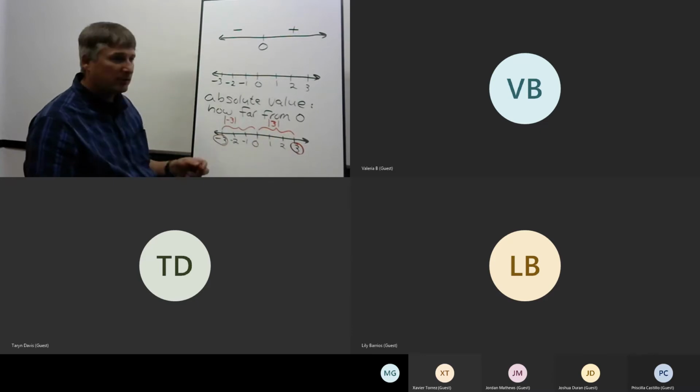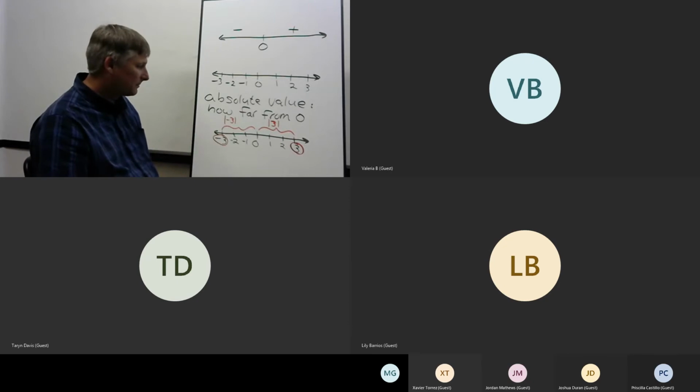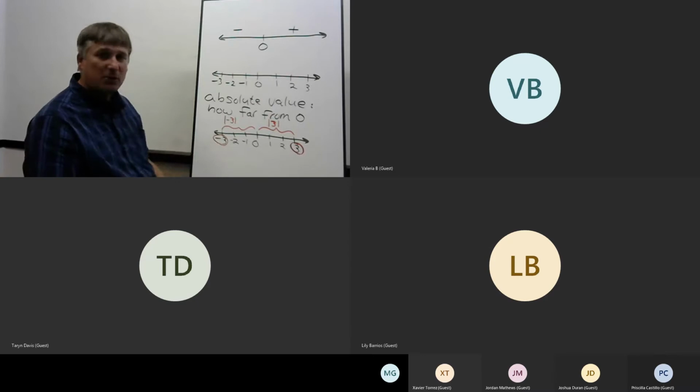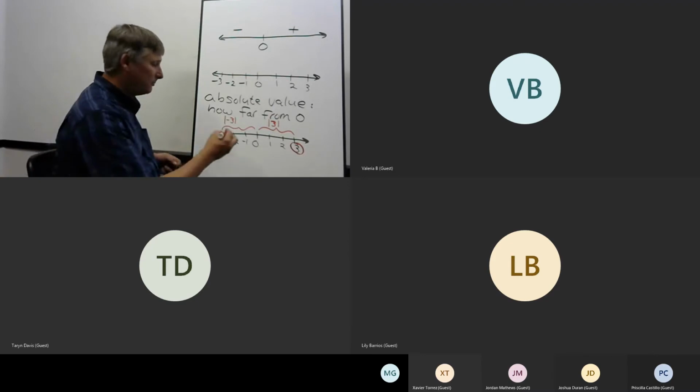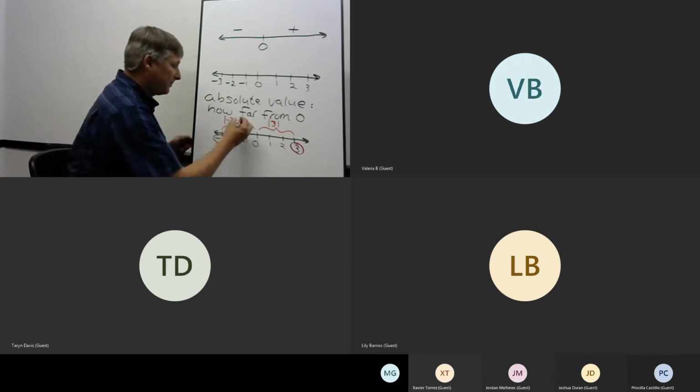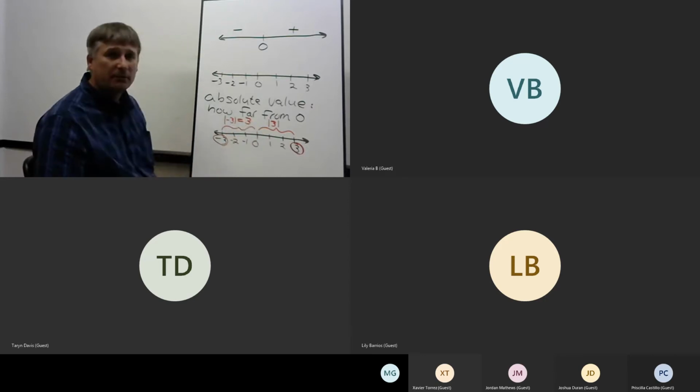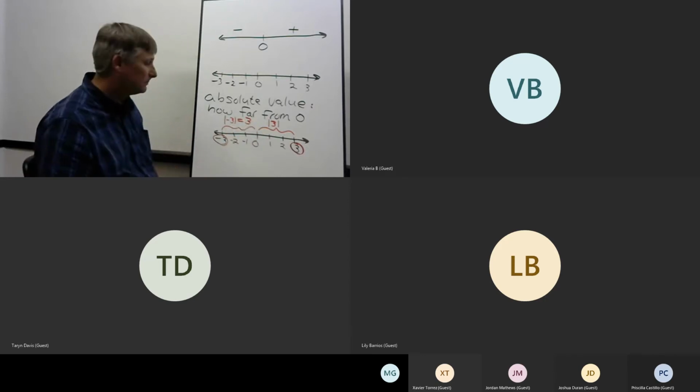Now if that's too small, let me know. I don't want to make these so they're not legible. But because negative 3 is 3 units away from 0, we say the absolute value of negative 3 is just 3, the distance from 0.